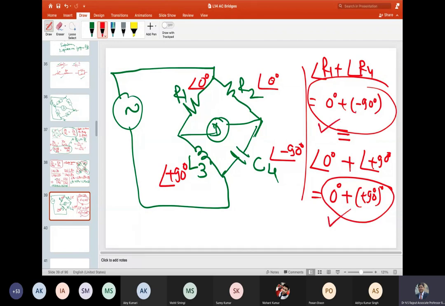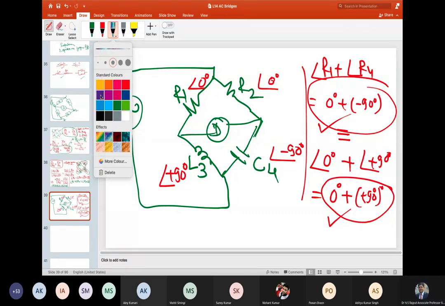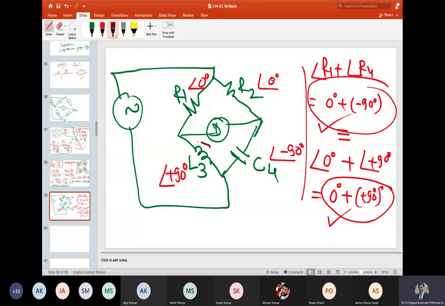Okay, so it is not always necessary that the bridges will balance. One has to think about various conditions when I can understand that yes, this will balance. So basically in a bridge you will find that there is one thing which is unknown.